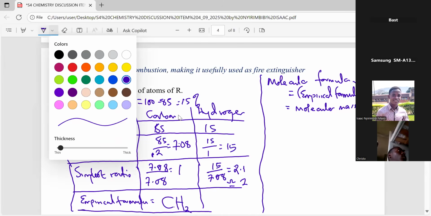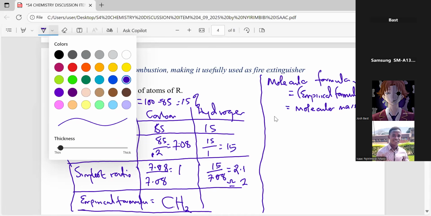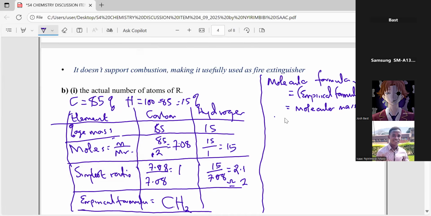So we shall substitute in: C H2, all times N, is equal to the molecular mass. Our molecular mass was 28.